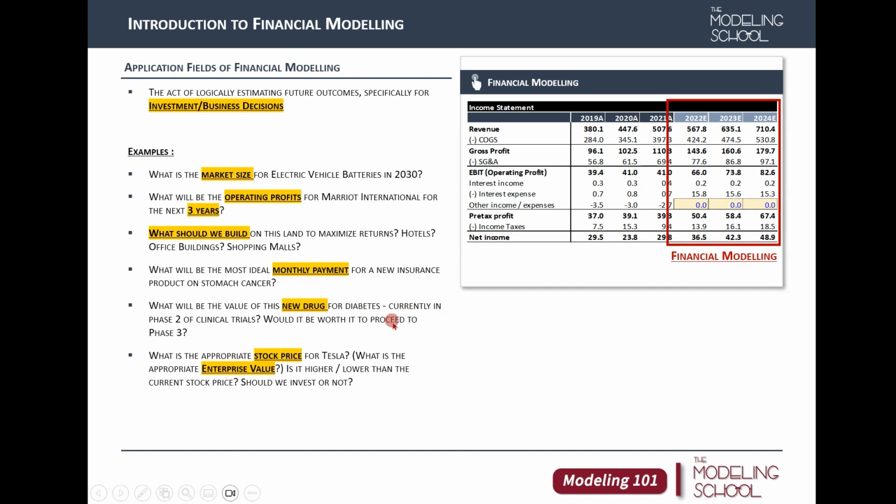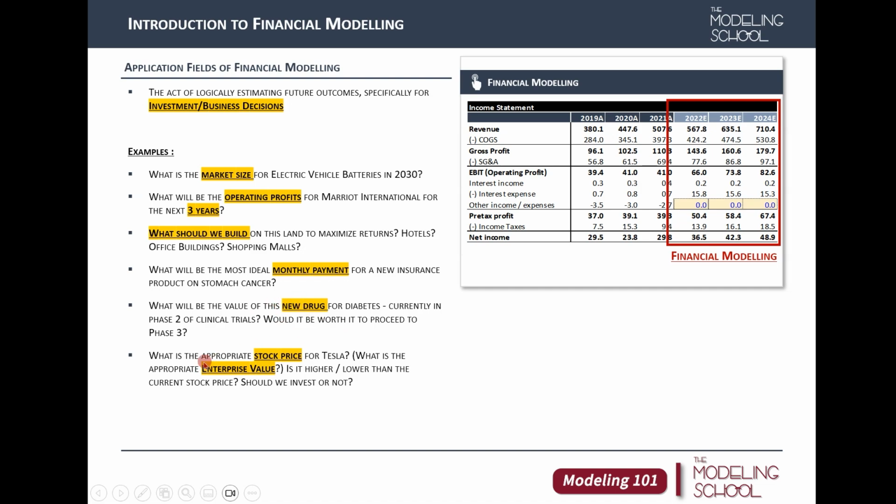In order to make that decision, we would have to know how many diabetes patients there are, how much market share we can target, and what the drug prices are going to be for the next 10 years. Those kinds of estimates will lead to the value of this new drug and lead to the decision of whether to proceed to the next phase of the clinical trials.